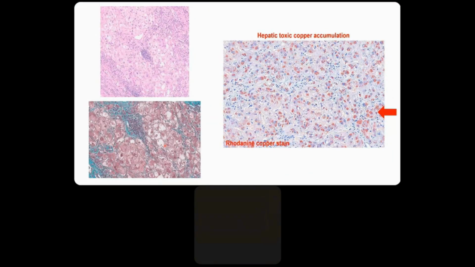And in this particular case, the rhodanine stain highlights toxic copper accumulation, which appears as orange or red-brown granules within hepatocytes. Therefore, this was a case of cirrhosis secondary to Wilson disease, which was also confirmed by genetic testing of the ATP7B gene.